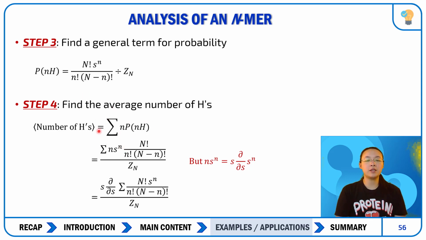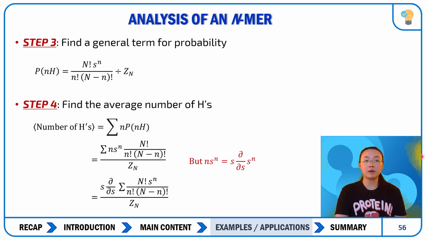But we can represent one of these terms as a partial derivative. So keep in mind, if we rewrite all of this, n s^n is equal to s times the partial derivative with respect to s of s^n. So if I rewrite this as this partial derivative, we end up with this expression.